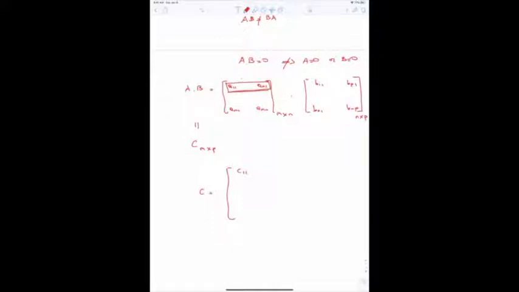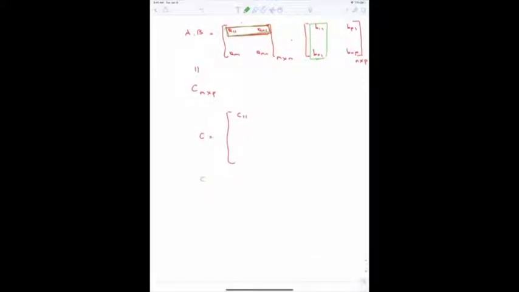You're going to take the first row of A, multiply it point by point with the first column of B, and sum all the elements. So C11 is going to be equal to A11 times B11 plus and so on up to A1n times Bn1. So this is C11.